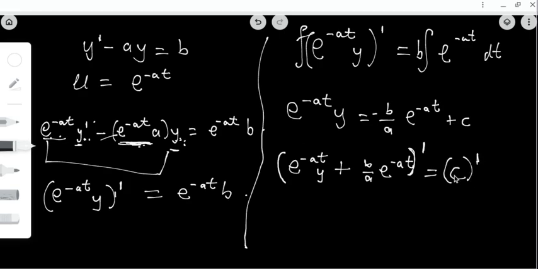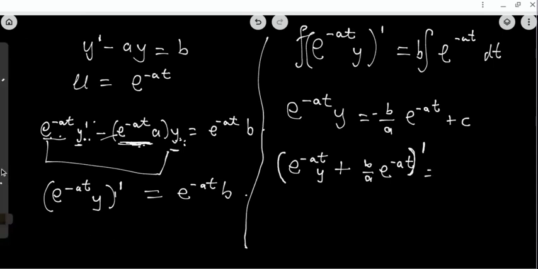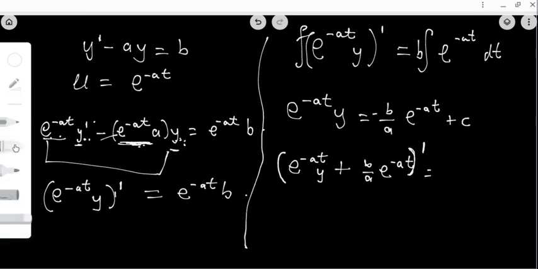When you differentiate a constant, what will you get? 0. So if I introduce the derivative here, this whole thing becomes 0.